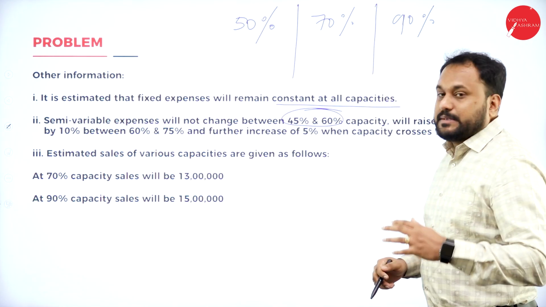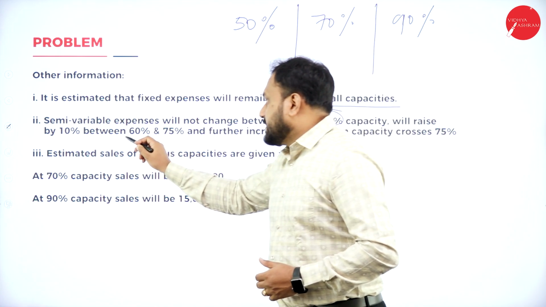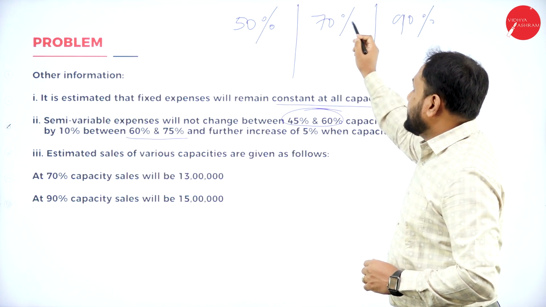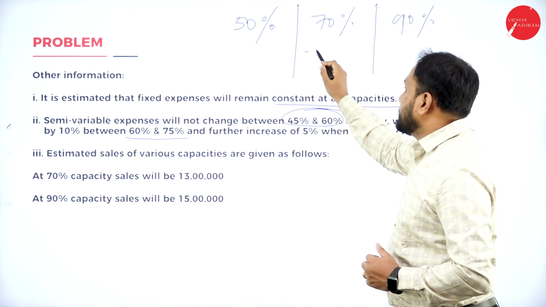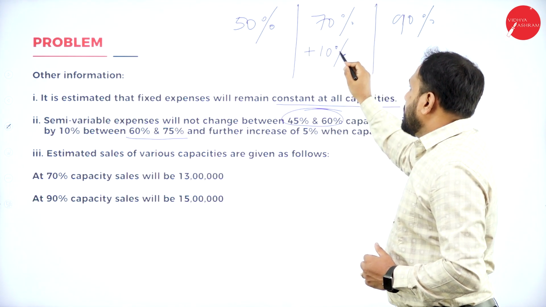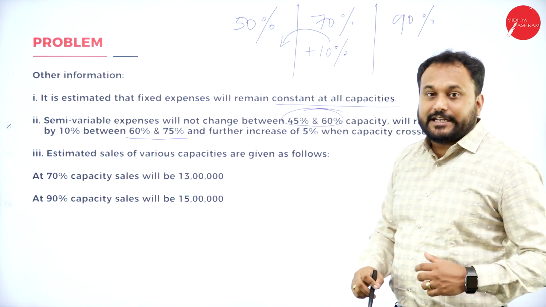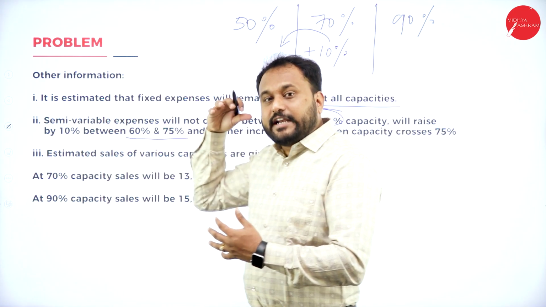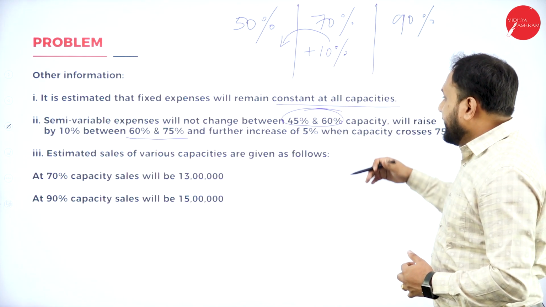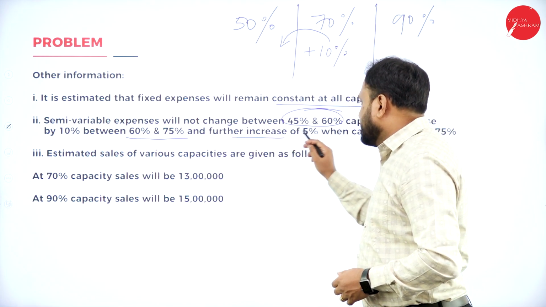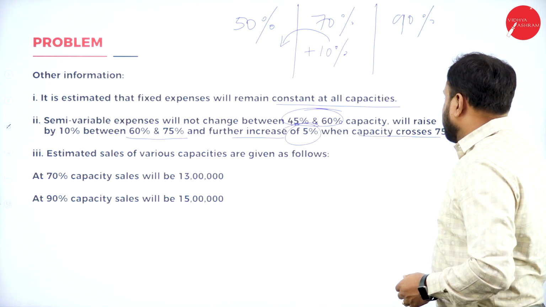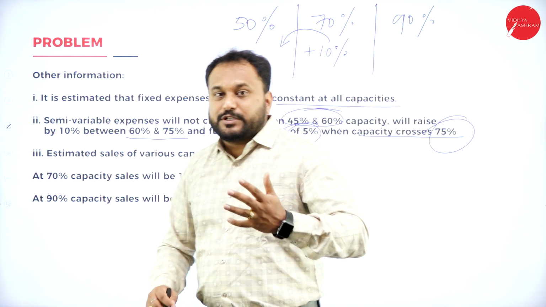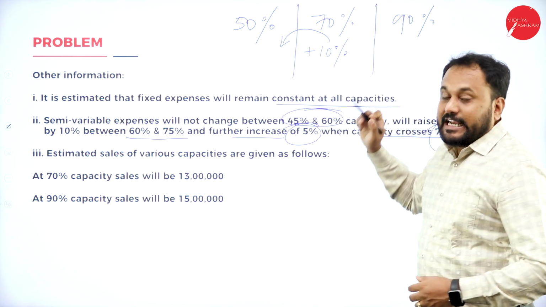Next, it will rise by 10% between 60% and 75%. When I say 60% and 75%, this is what is in between. That means you need to add 10% on the base value. Which is the base? 50%, which is already given. Done. Later, it further increases by 5% when capacity crosses 75%. So 75% and more means 90% will come.